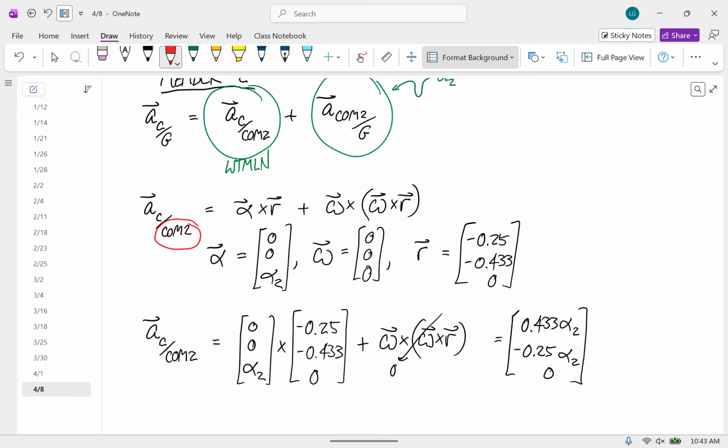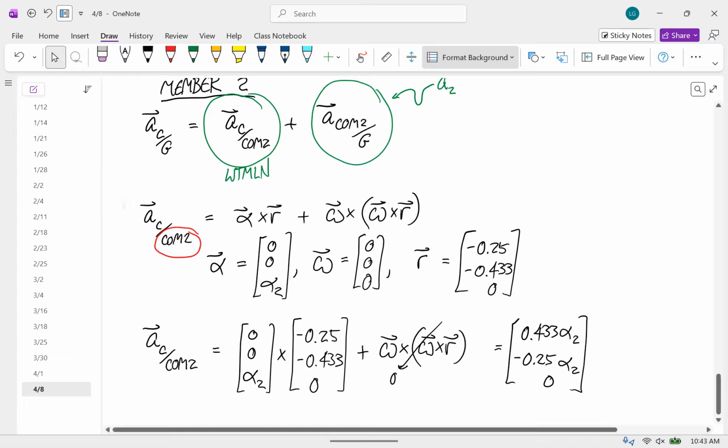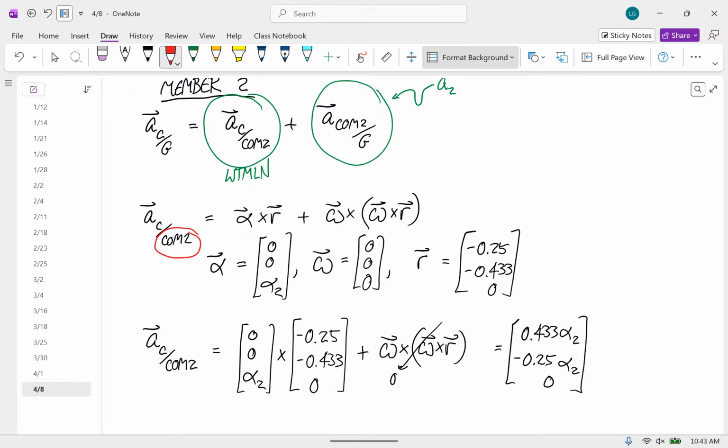So think the meaning of those relative motion equations is, or the meaning of A, acceleration of C relative to the center of mass of 2, is saying, imagine the center of mass of 2 is not accelerating, and calculate based on that what the acceleration of C is. Well, if we're assuming the center of mass of 2 is not accelerating, then that's the center of our circular motion.